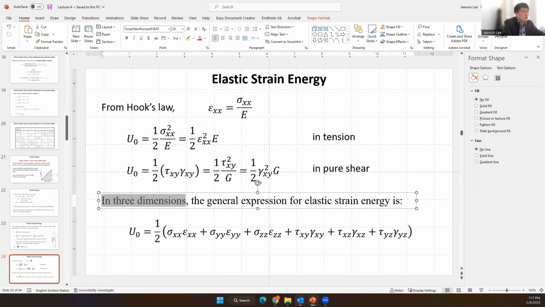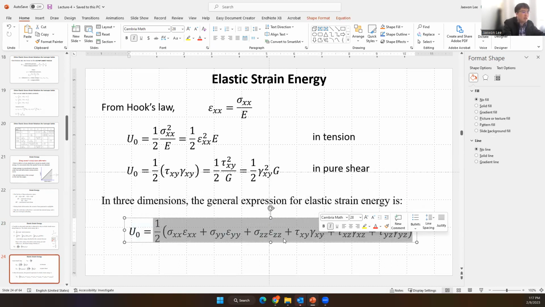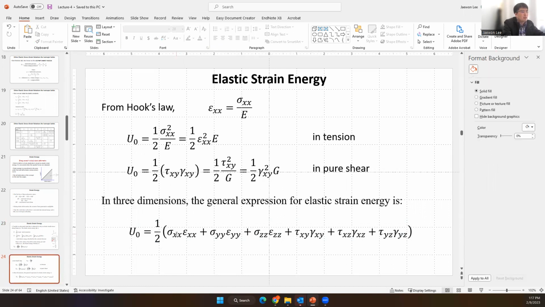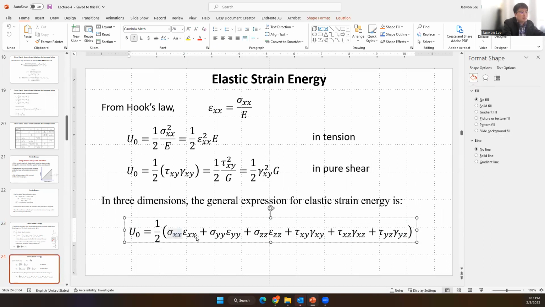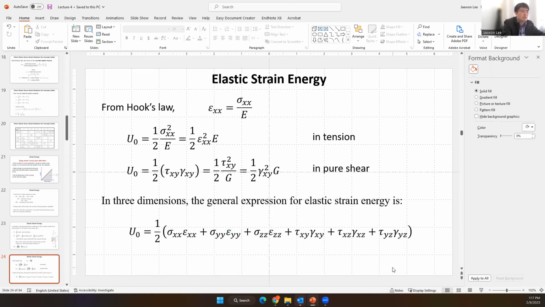If we consider three dimensions, the elastic strain energy could be expressed like this: sigma xx, strain xx, stress, strain, and shear stress and shear strain.